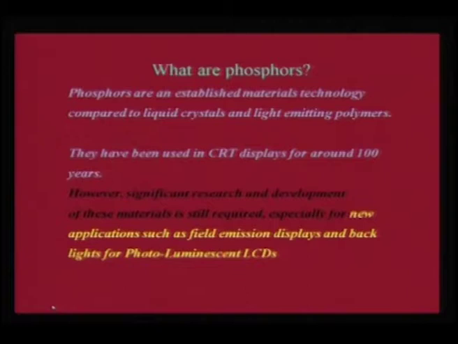These phosphors are an established materials technology compared to liquid crystals and other light emitting polymers, and they have been used in cathode ray tube displays for around 100 years now.